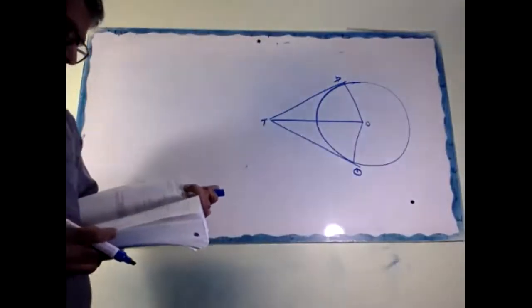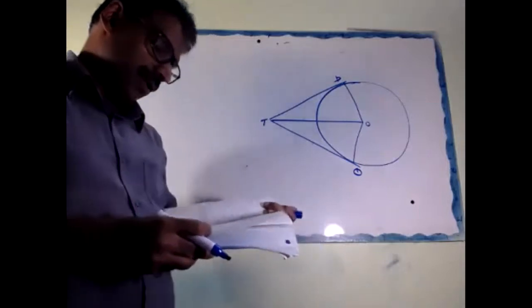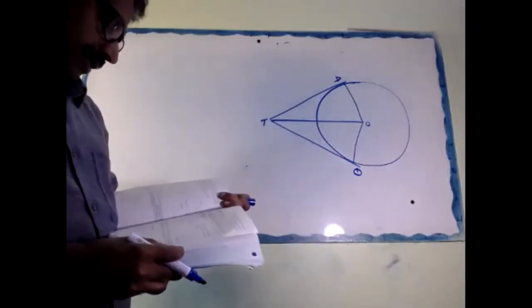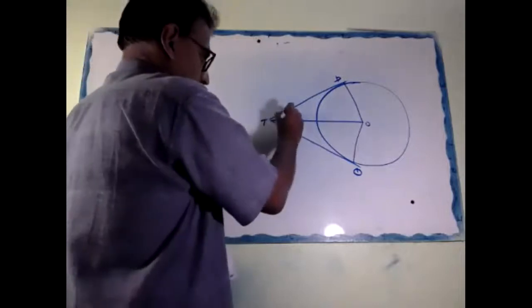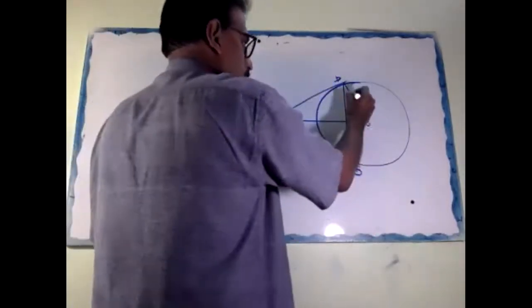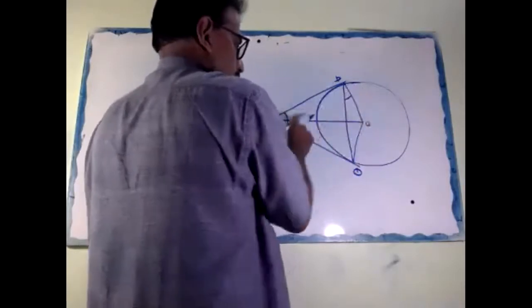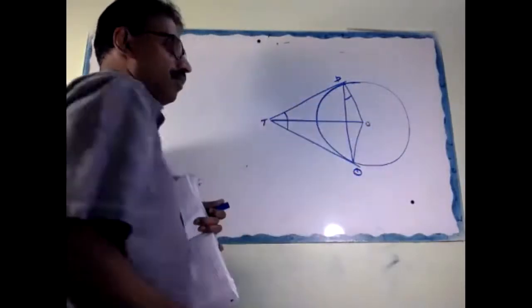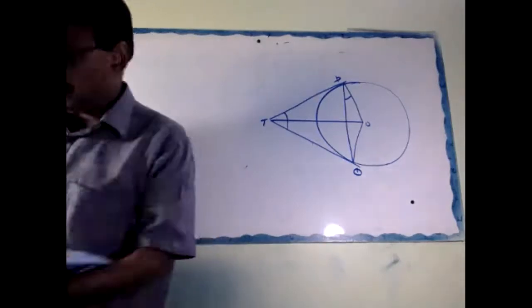Two tangents TP and TQ are drawn to a circle with center O from an external point T. Prove that this angle PTQ is twice of angle OPQ. This is the figure.